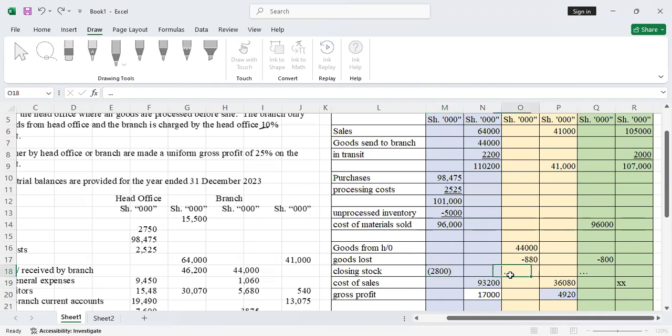And here? When we talk 44,000, less 880, then less something else here. The answer should be 3080. What are you saying? 7040.